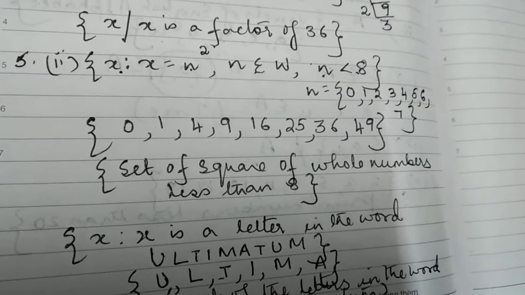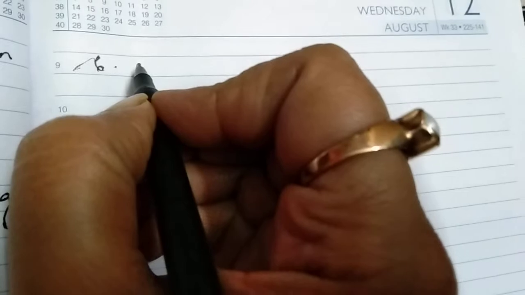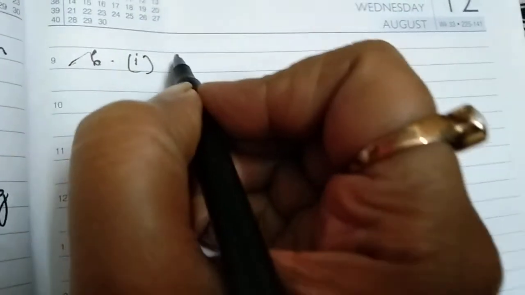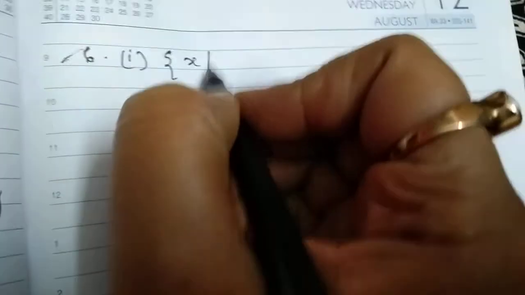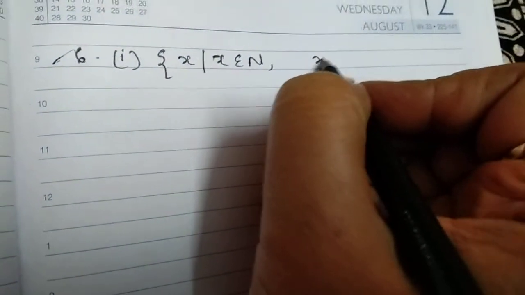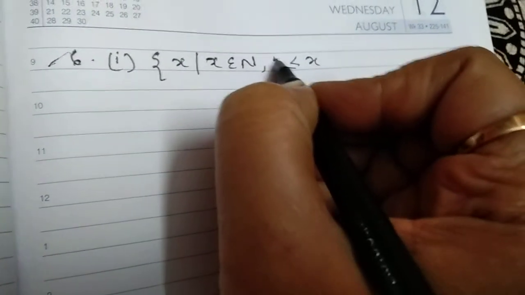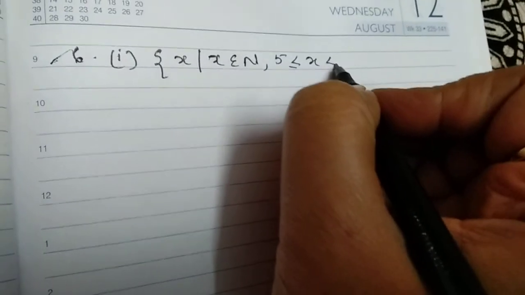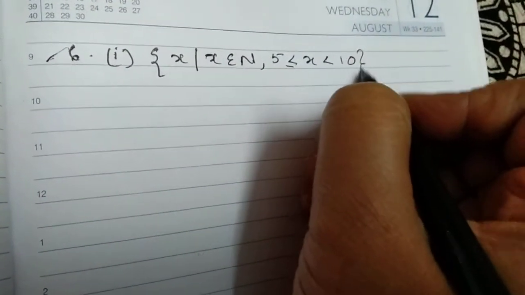Now I move on to question number 6. If I do the first part, you have to write it in the roster form. X belongs to natural numbers and the range is given. You have done this in equations.